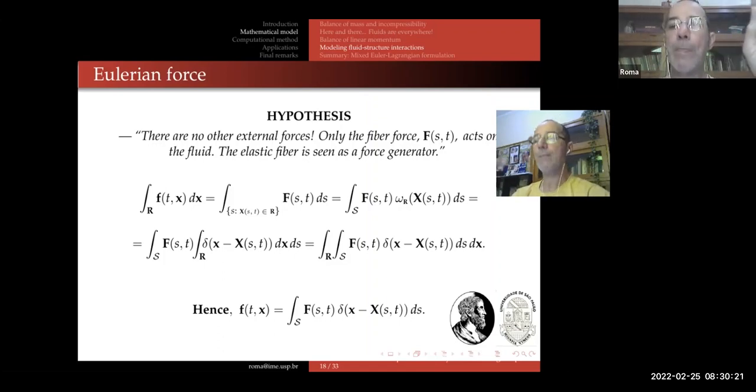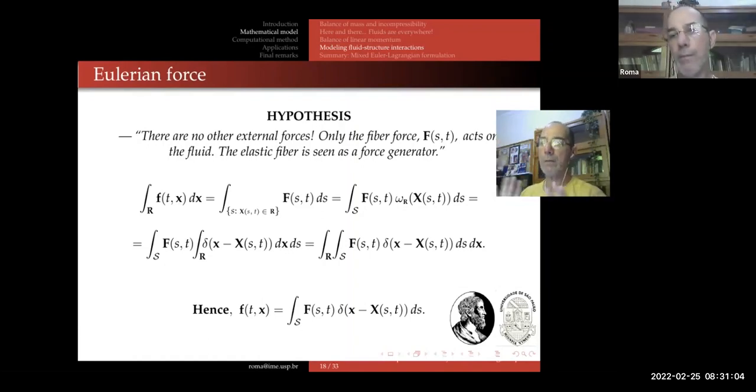And then using a little bit of the Dirac delta function definition, we can rewrite the characteristic function as an integral over R of the delta function centered at points of the elastic fiber. So the characteristic function of region R computed at immersed elastic fiber points can be rewritten as this integral over the delta function.